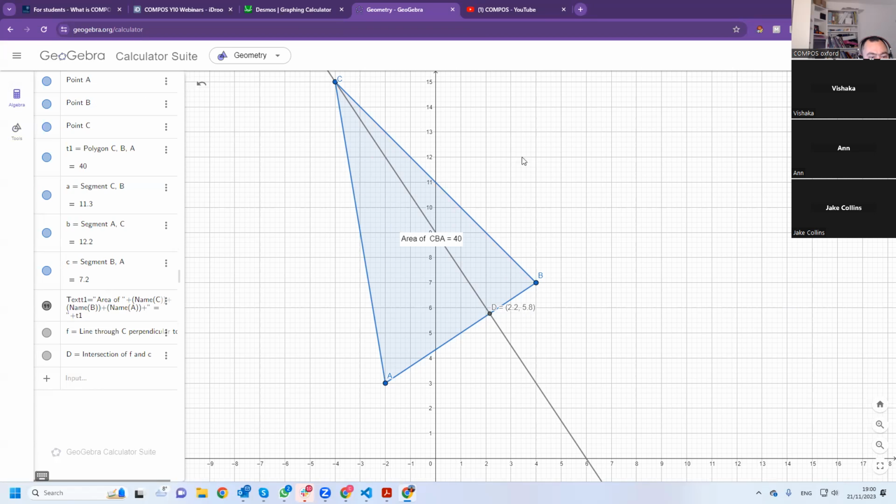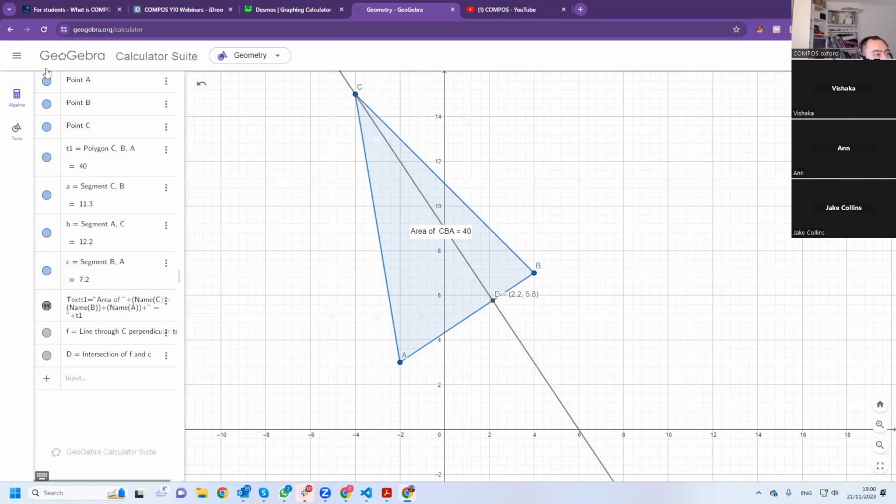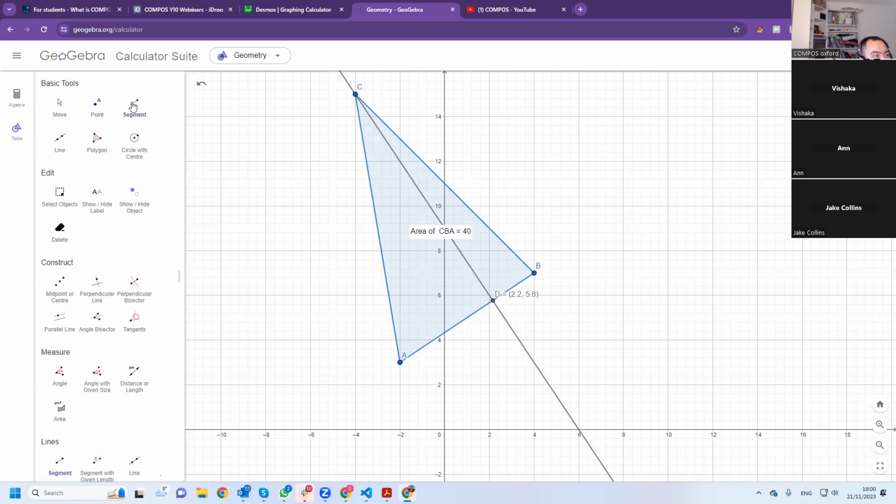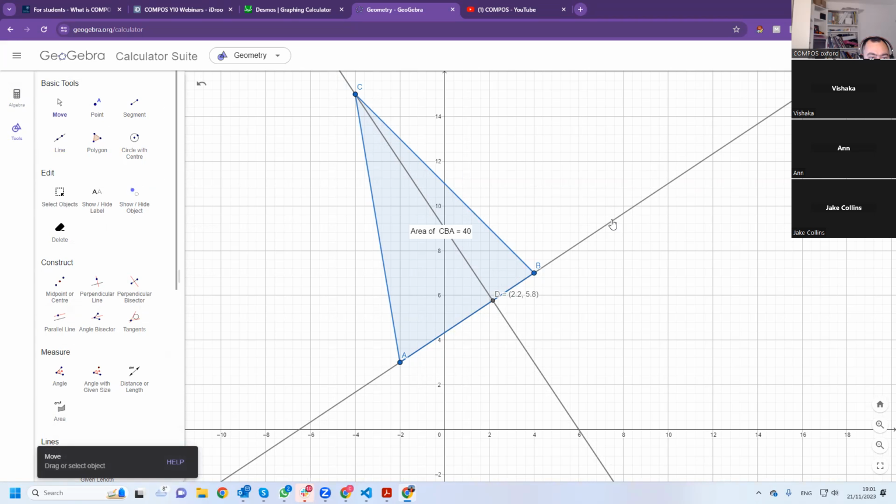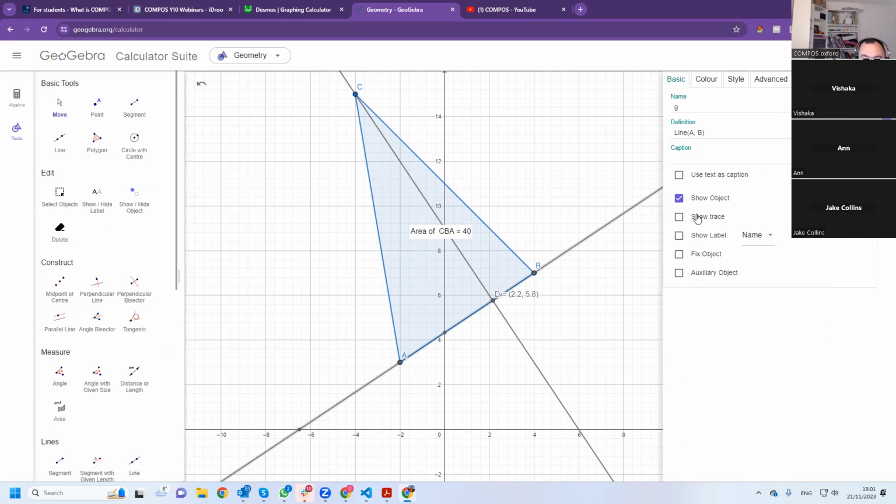And what else? Well, the equations. Let's see if we can get equations of the line. Here it is, equation of the line. It's rounded.